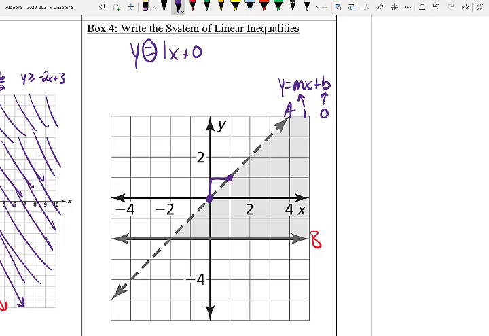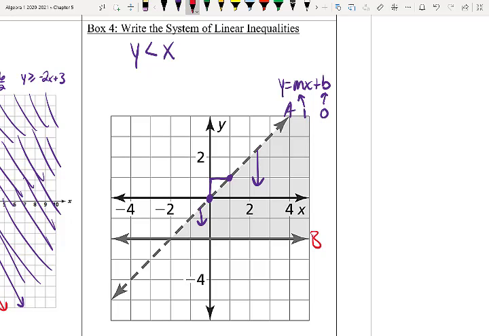So we know it's a dotted line, so it should just be less than or greater than. And in this case, since the shading happens underneath my line, it should be less than. Less than is under, greater than is over. So here, this should just be y is less than 1x plus 0. Or if you wanted to just clean it up a little bit, y is less than x. That's the simpler way of writing it.